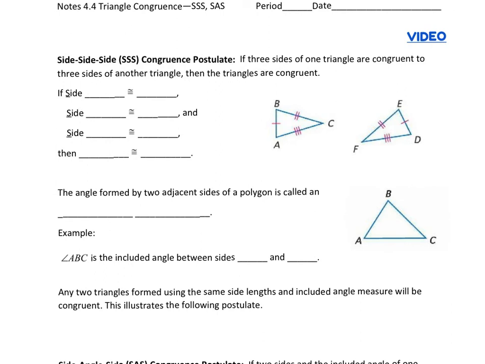Side-side-side congruence occurs if three sides of one triangle are congruent to three sides of another triangle, then those triangles must be congruent.